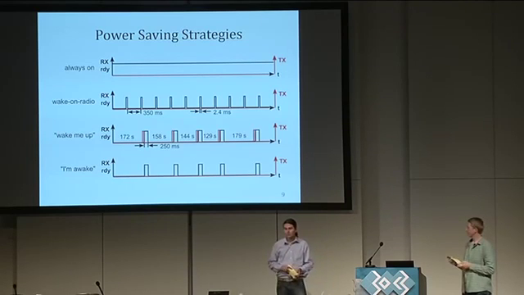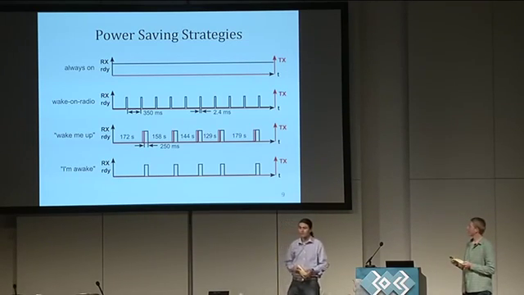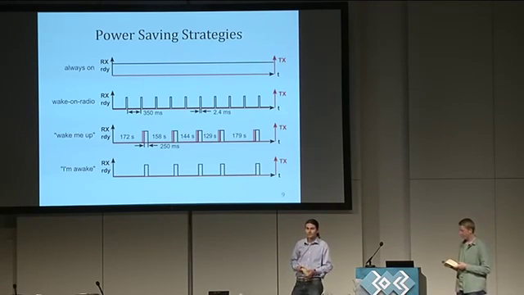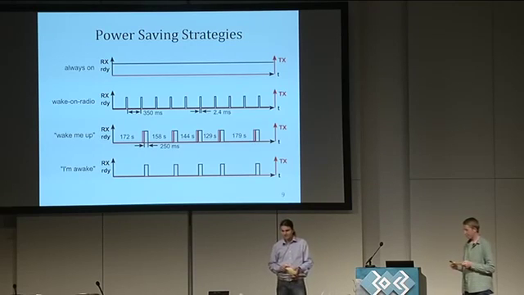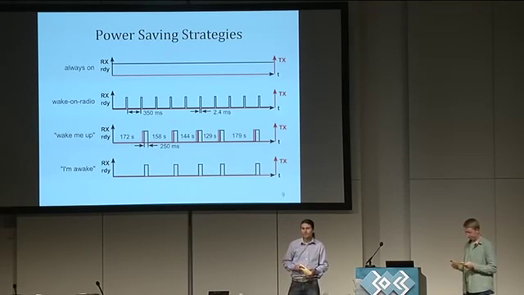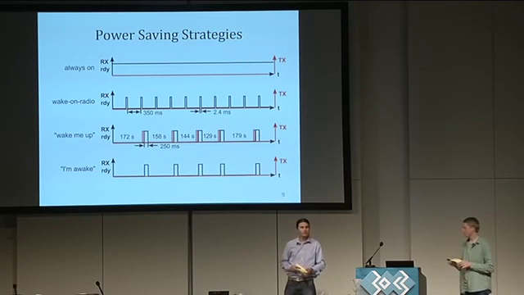The second type of power saving strategy is the wake me up mode. In this mode, the device sends a wake me up packet, then is in receive ready mode for 250 milliseconds, and then falls asleep for a variable but deterministic amount of time. This mode is used by some devices which do not have to be reachable all the time.